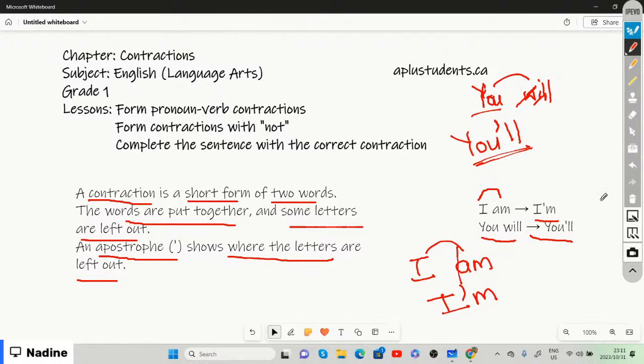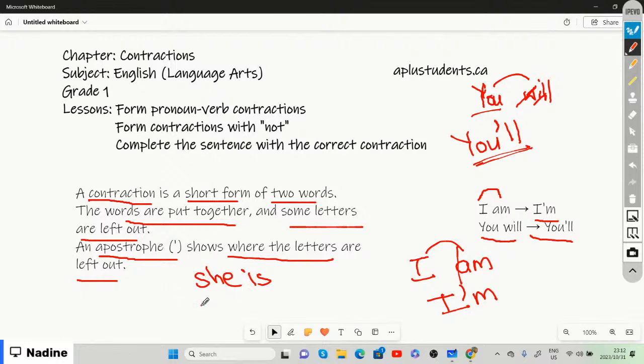All right. So with contractions, right? There we have I am, which is I'm. We have you will, which is you'll. Then we even have, for example, she's, which is she is, right? So instead of saying she is writing a letter, we can say she's writing a letter.